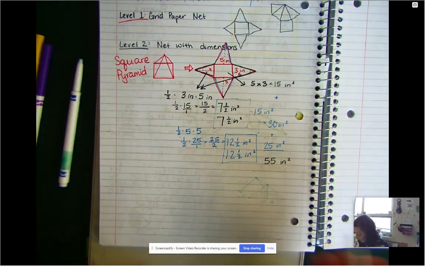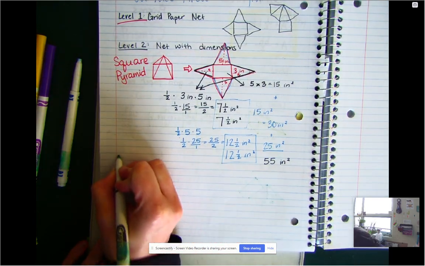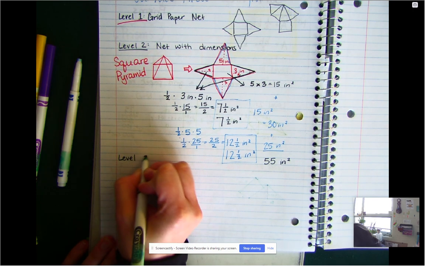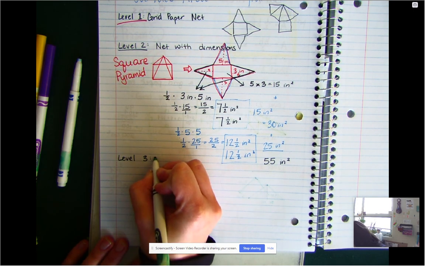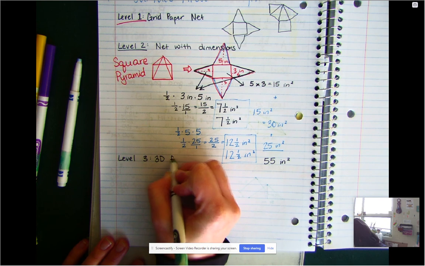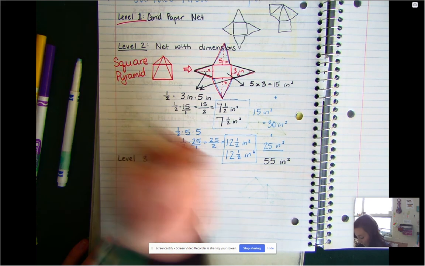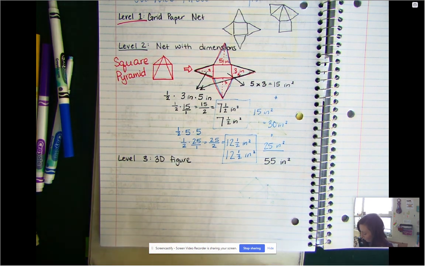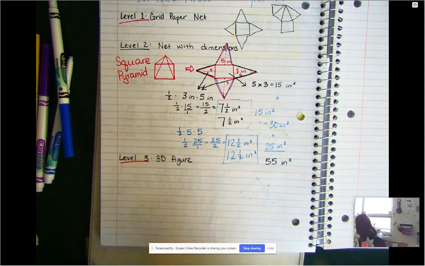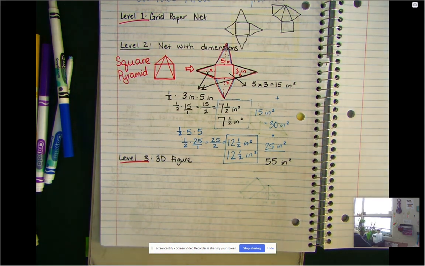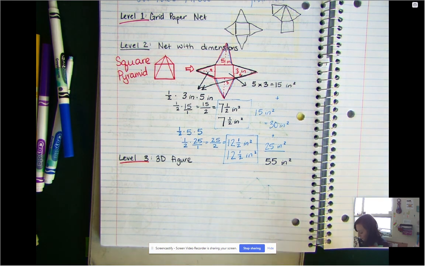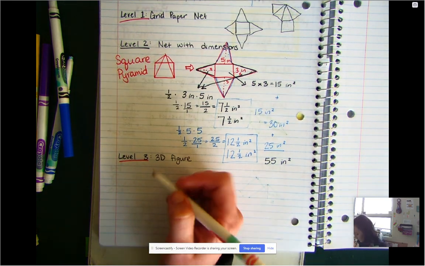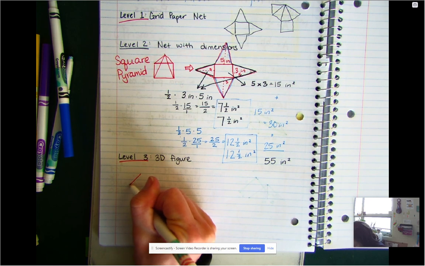And our last level, of course, like last time, is being able to just look at the 3D figure with dimensions, not having the net. Oh man, I got all my marker caps mixed up. It is a whole hot mess over here. Okay, so if I have, it's going to be 2 feet on the bottom.